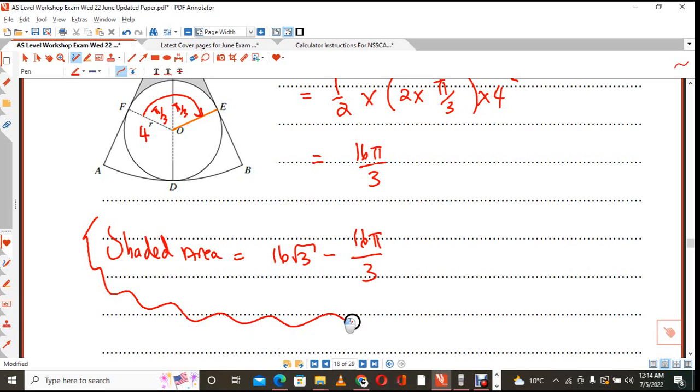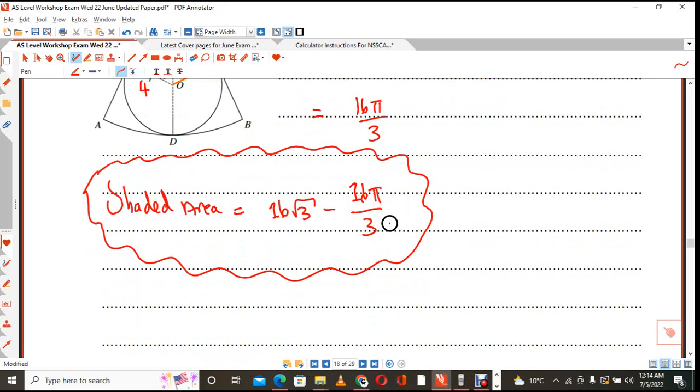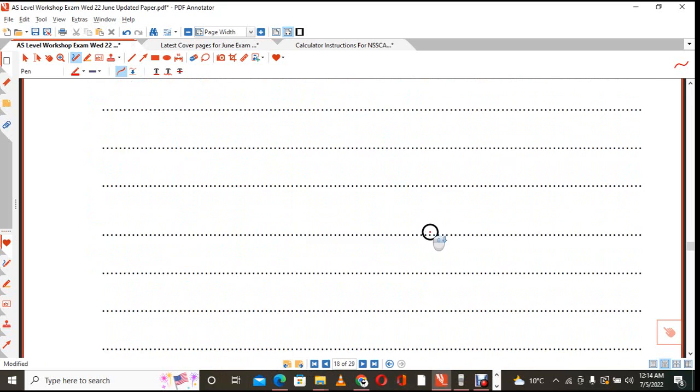And that's it, because you are supposed to leave your answer in terms of pi and in terms of root 3. Okay, so again, as I said, there are many alternative methods that you can use. This is just but one of them in order for you to arrive at that particular answer.